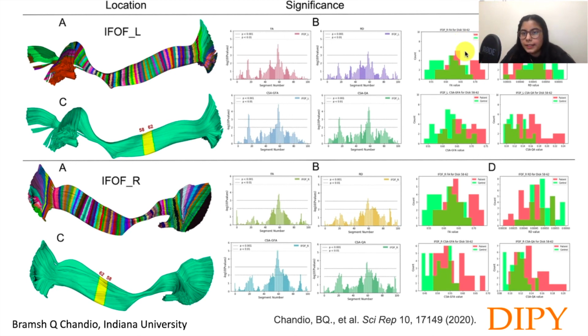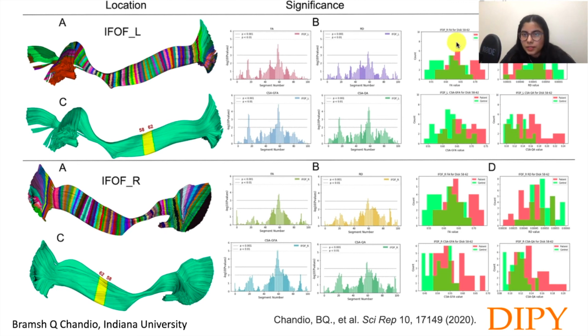So if we look at FA, the mean FA value increases for patients as compared to controls. And for RD, actually it decreases as compared to control. And in GFA, it increases in patients, and again in QA.